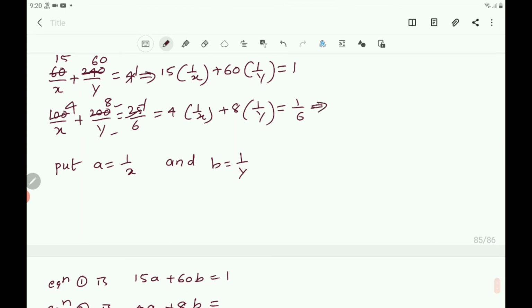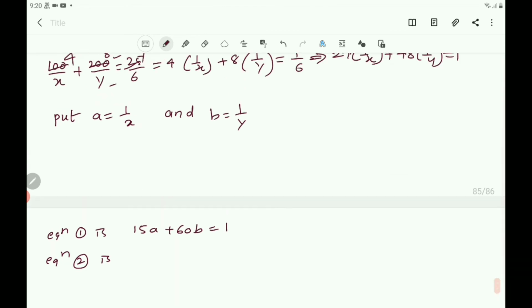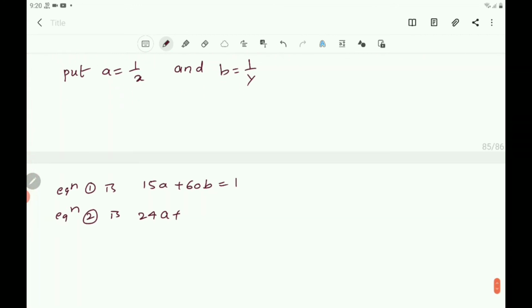Do the cross multiplication: 6 4s are 24 into 1 by x plus 8 6s are 48 into 1 by y equals 1. That becomes easy for you. So you write it as 24a plus 48b equals 1.